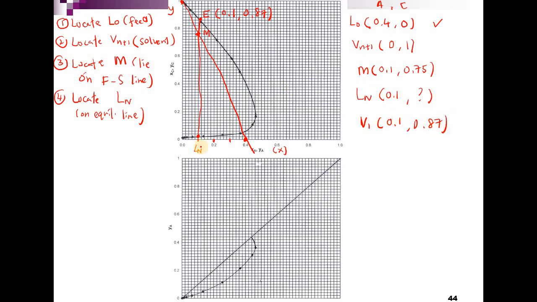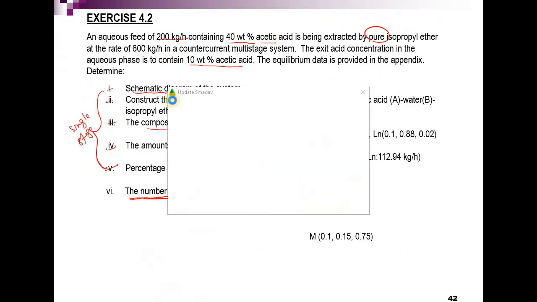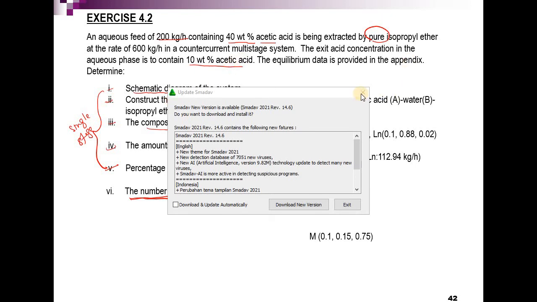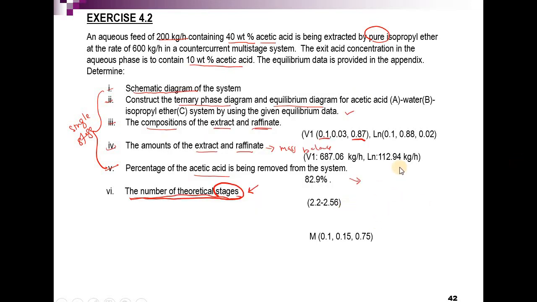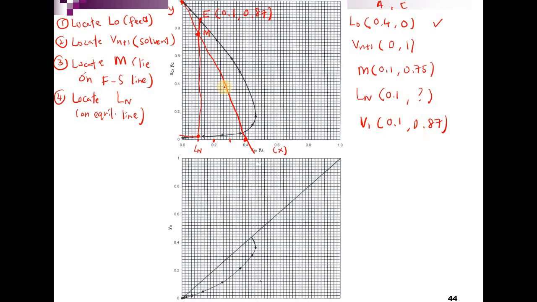Okay, so for Ln, just now you don't know the component of C, isn't it? So for the Ln here the component A is 0.1, so you read the component C here, and you will get around 0.02 when you read at the graph.